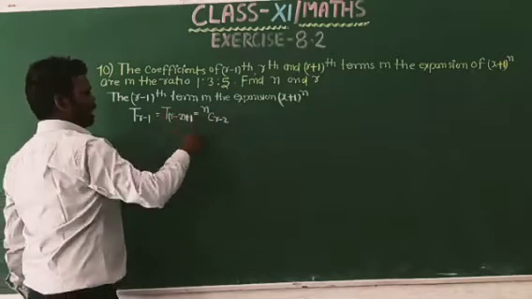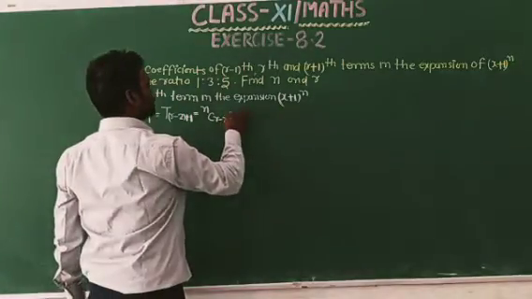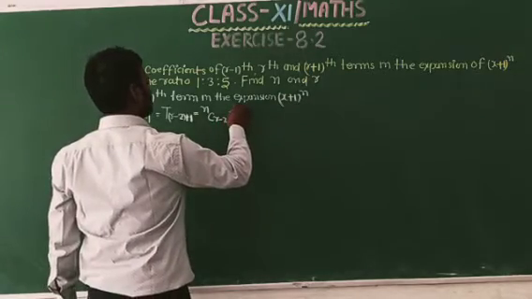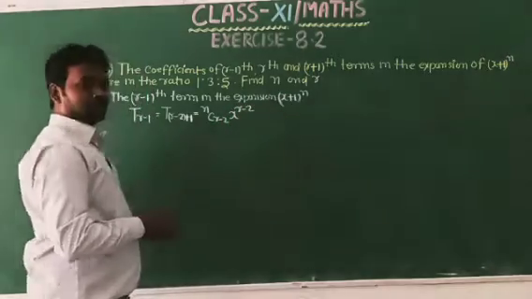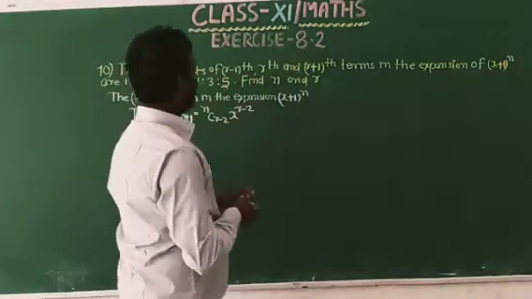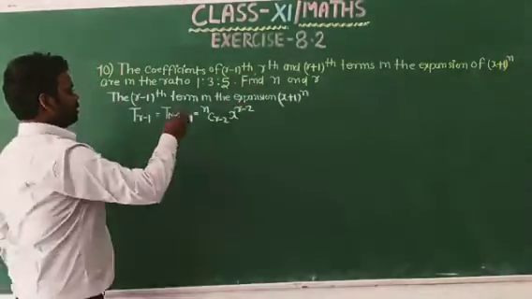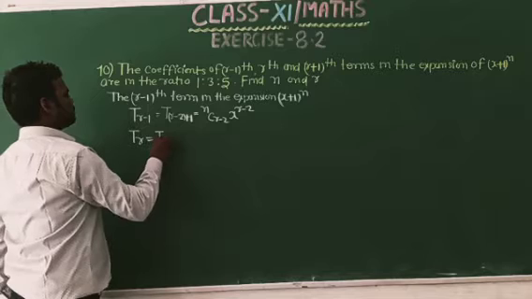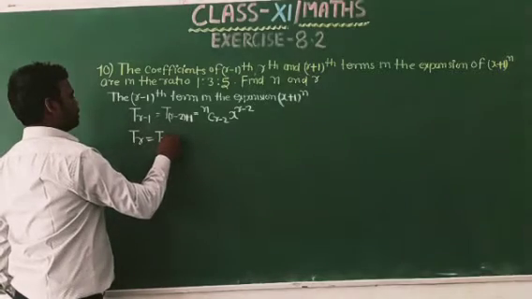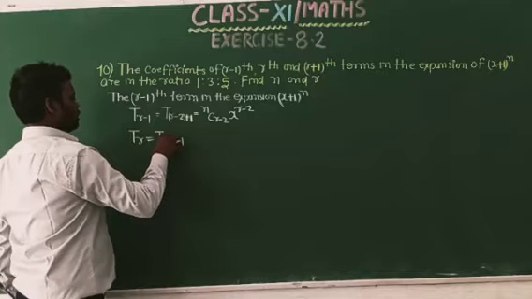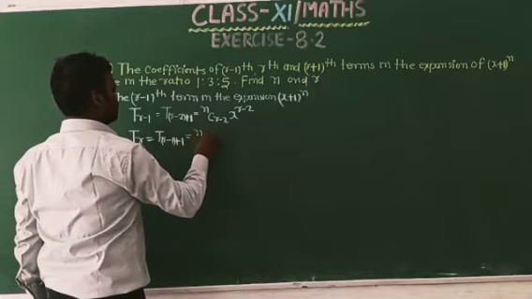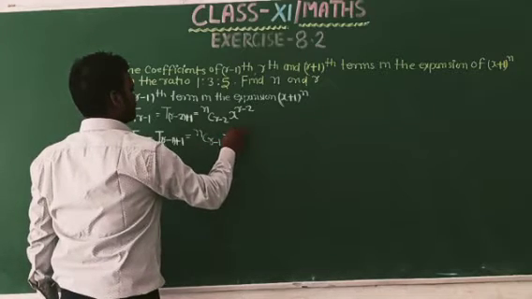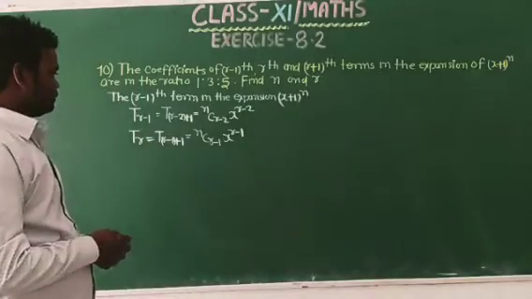nC(r minus 2) and x to the power r minus 2. Similarly, the rth term is written as t(r minus 1 plus 1). Therefore this is nC(r minus 1) and x to the power r minus 1.